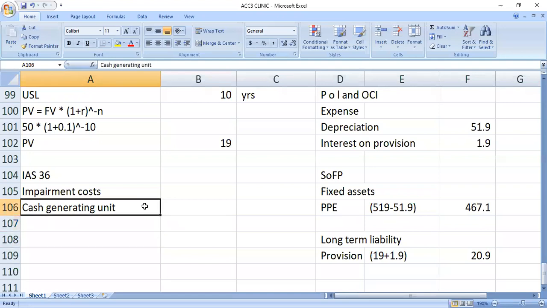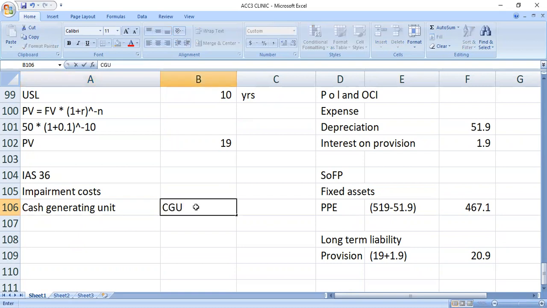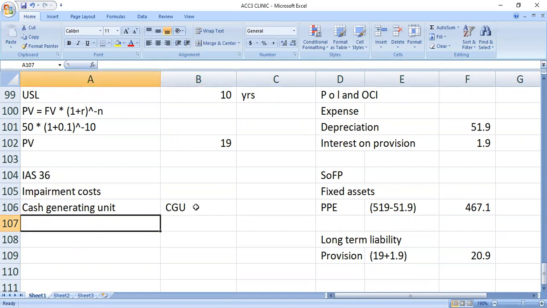It is the smallest identifiable group of assets from which you can generate cash independently. That's by definition. These definitions, of course, it's either you know it or you don't. So that's the first thing you need to know about impairment costs. This item, a cash generating unit, what we call the CGU, is very important. Then having noted that, it brings us to impairment costs.